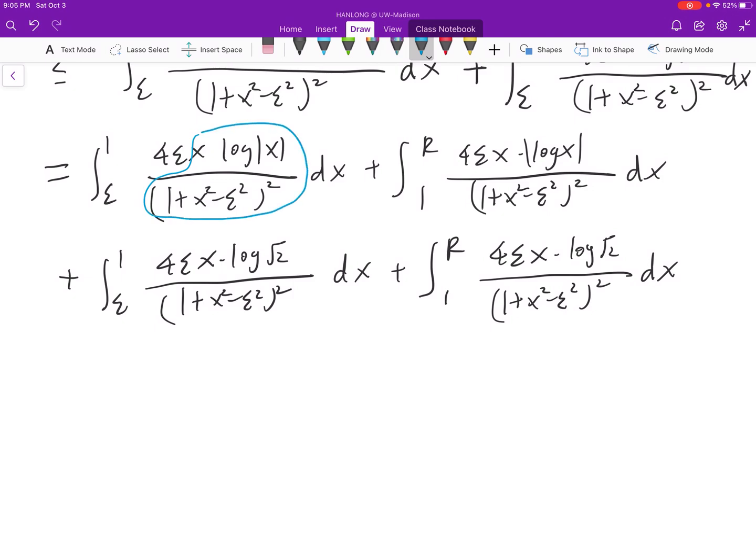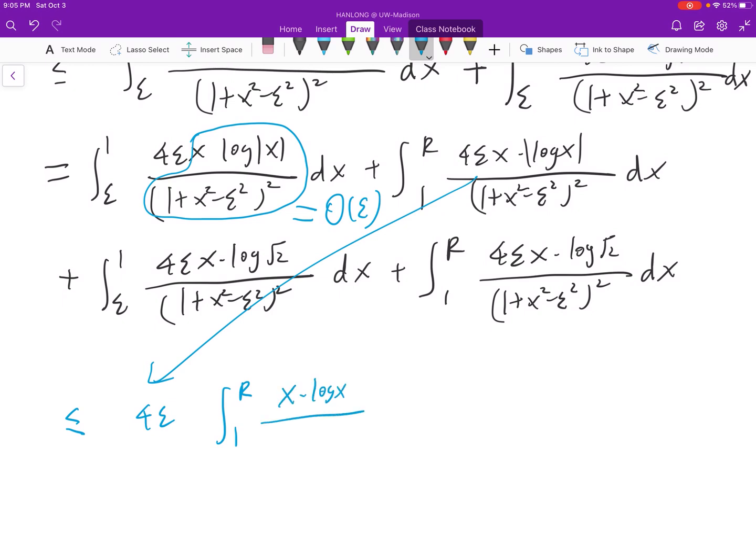This part is bounded and the interval is less than 1, so the whole thing is O of epsilon. And then for the second part, when x is large enough, you can omit. For this part, it is bounded by 4 epsilon times the integral from 1 to R of x log x over (1 plus x squared over 2) squared, dx.